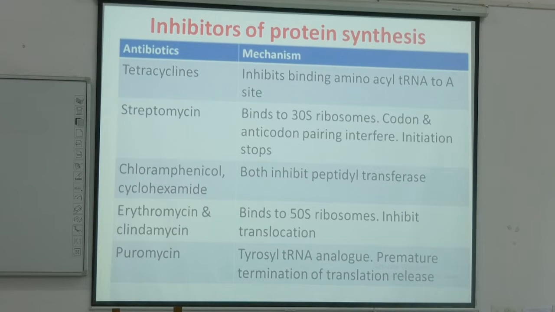They will bind by a peptide bond. Then from the P site it is removed, and from the A site it is transported to the P site. What will the antibiotic do? Tetracycline inhibits the binding of the amino acid tRNA to the A site. That means the translocation process will be closed, or the formation of the peptide bond will be stopped. Is it clear or not?